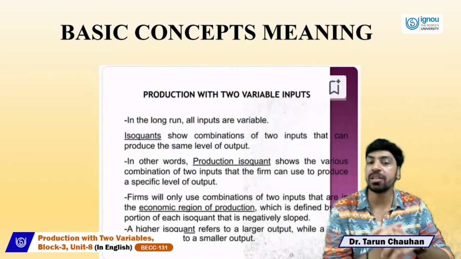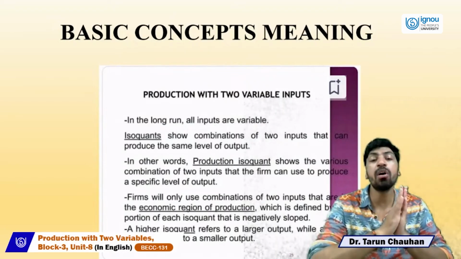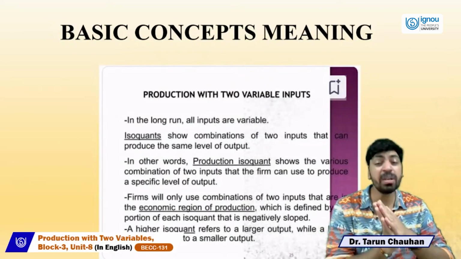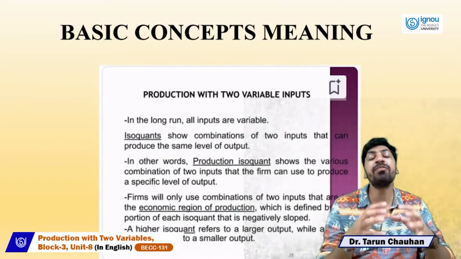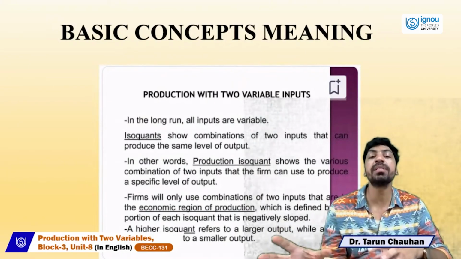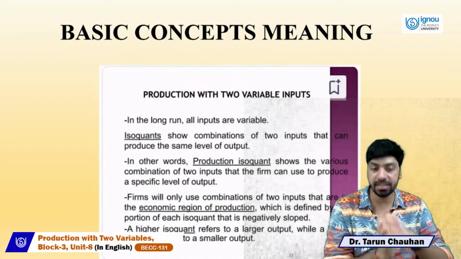That's called the production isoquant. It means an analyst can combine the two inputs so that the firm can produce a specific level of output.